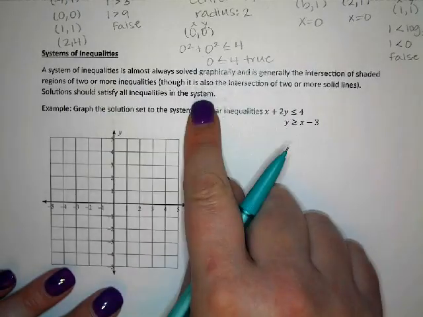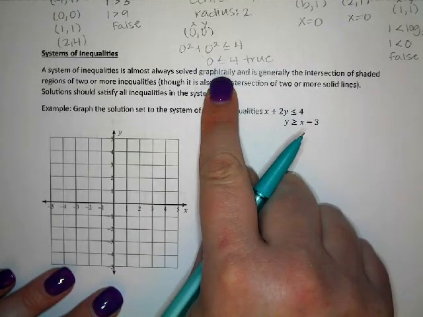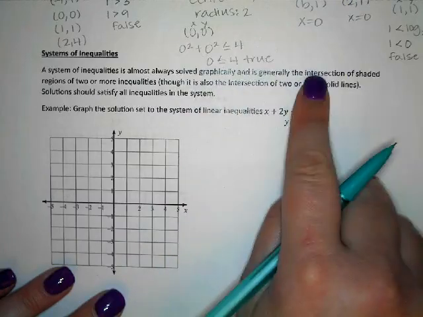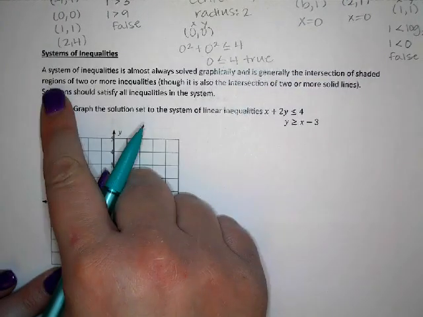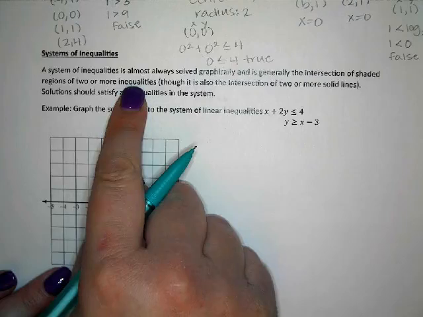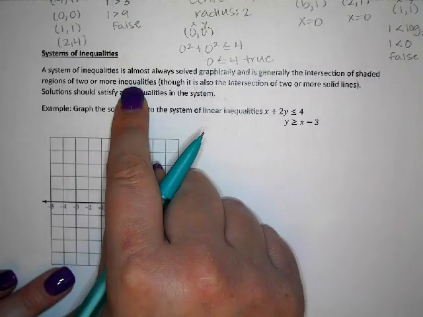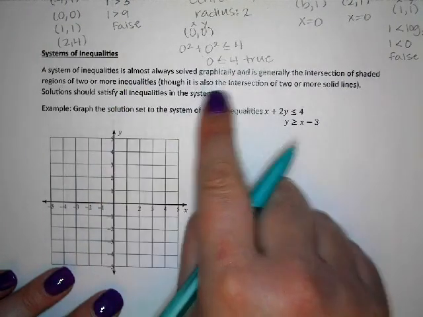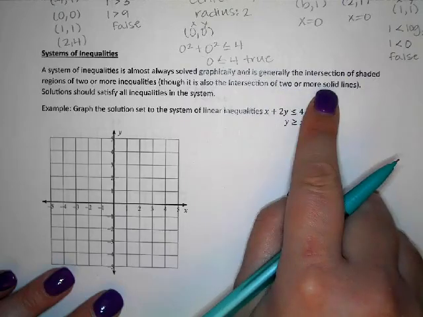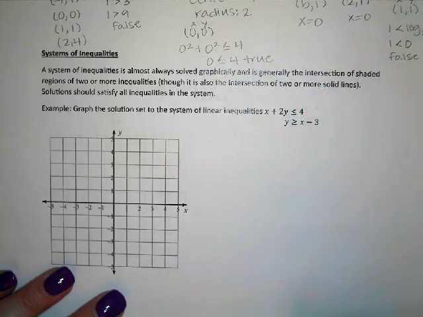It's the intersection of shaded regions of 2 or more inequalities. So I always call this the double shade, but it's also the intersection of 2 or more solid lines. So a lot of people forget that we are still curious to know where the lines cross, but we have to be careful. We can't use dotted lines anymore.